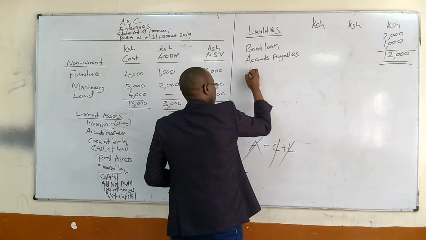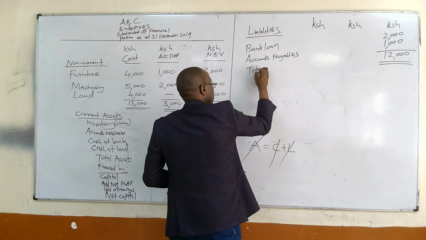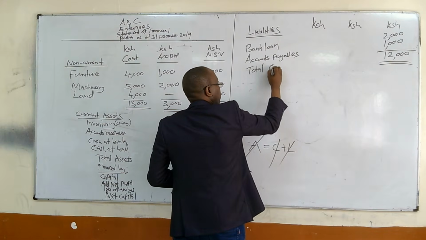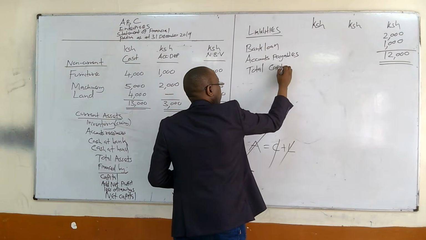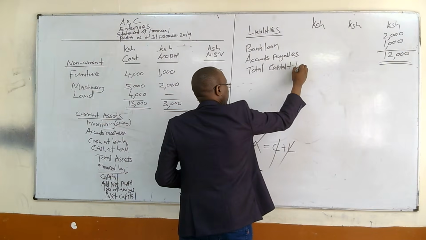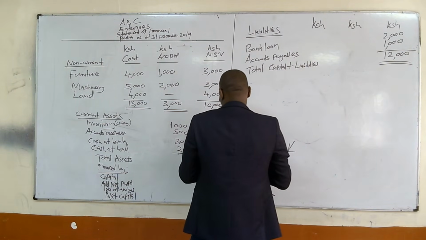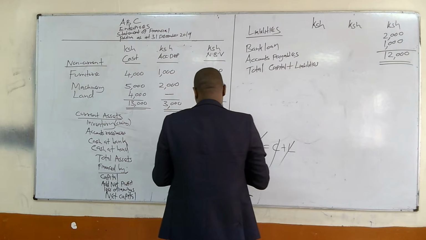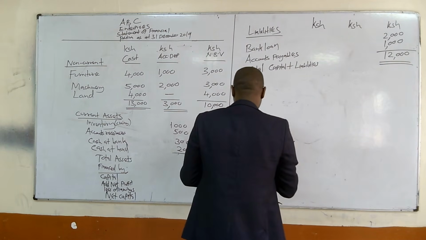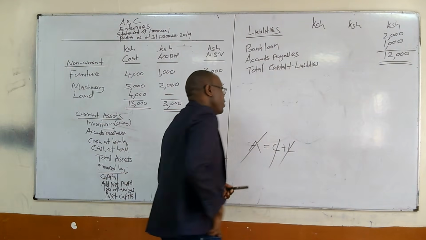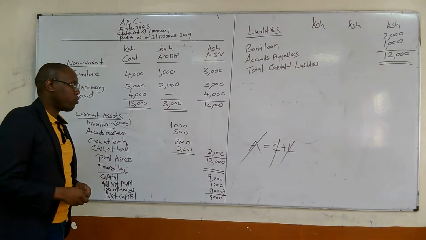And this is going to be total capital plus liabilities. So you take the total capital plus liabilities in that way, which is going to be the 12,000.